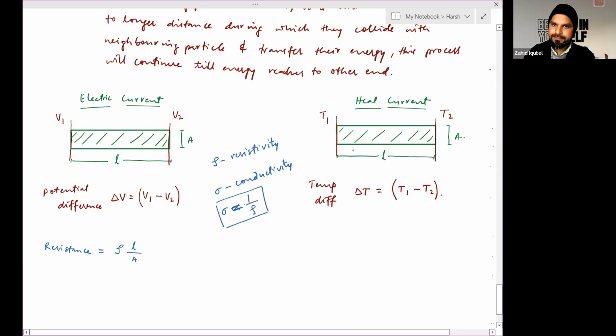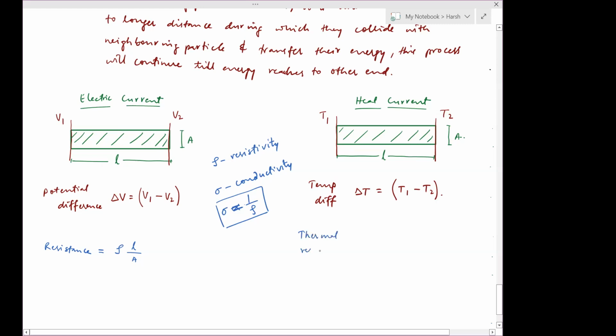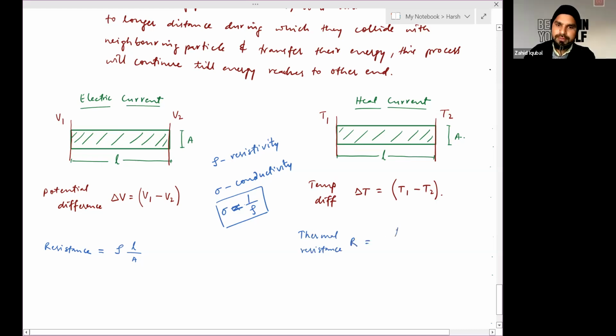Similarly, in case of heat, there will be some opposition to it, which may be defined as thermal resistance, which equals L by A. In place of rho, we may write 1 by sigma, but in this term it is represented by K. So K in this term is called thermal conductivity.